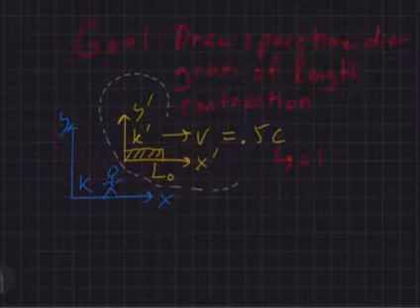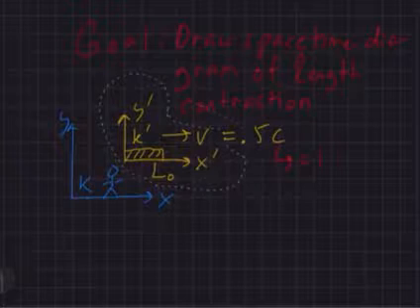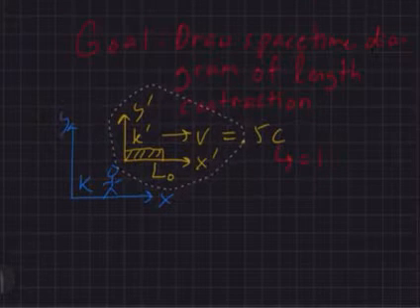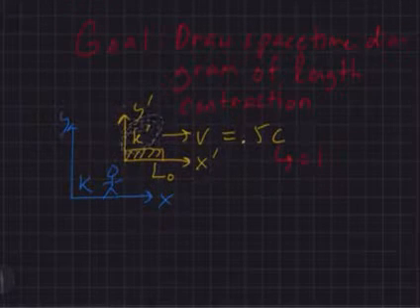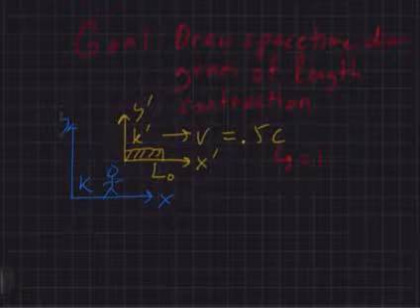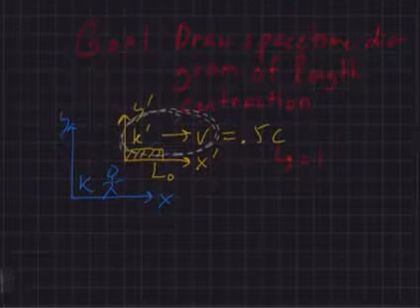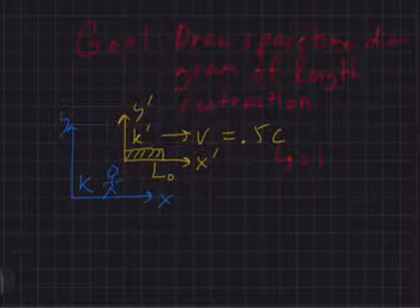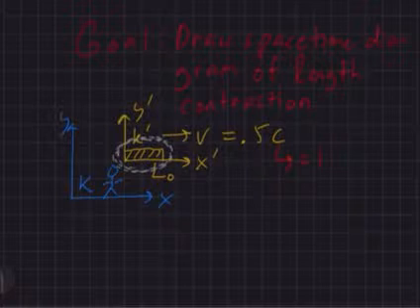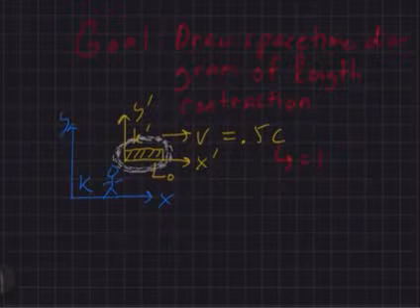To the right, we see the K-prime frame, or the moving frame, moving with speed v with respect to the K-frame. And this K-prime frame is moving at 50% the speed of light, with a ruler lying along its horizontal axis.